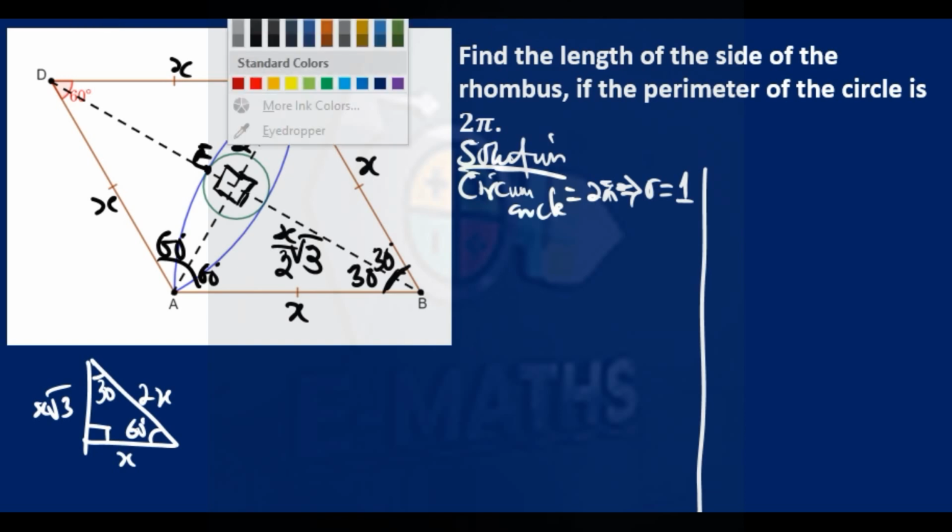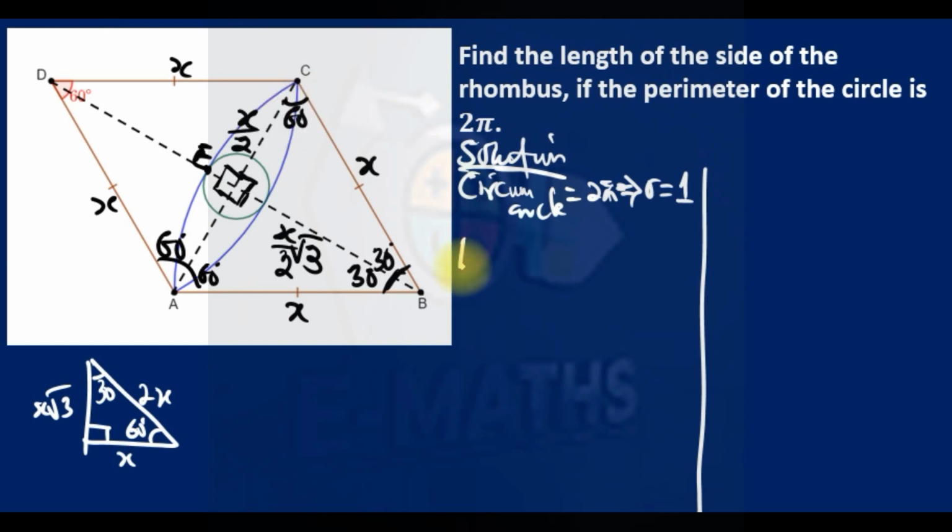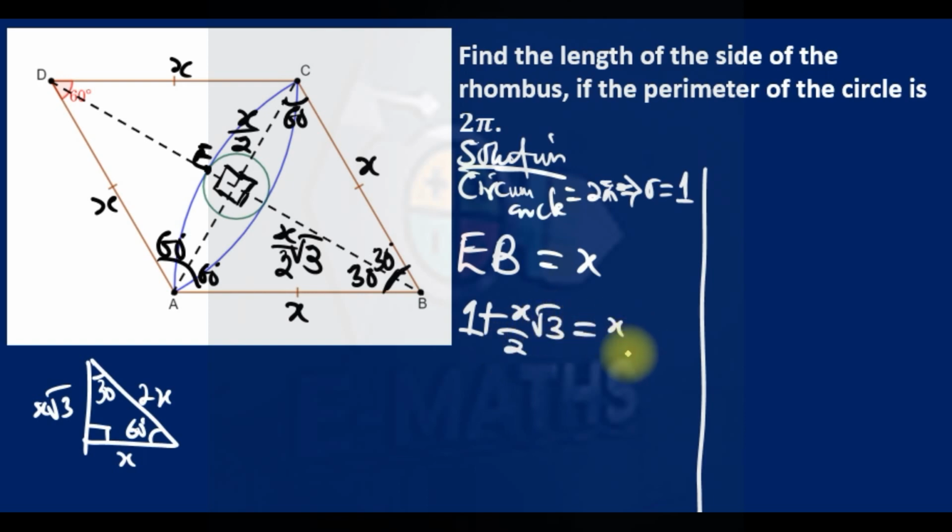So see what I'm saying? I'm saying that EB is x. And we know that EB is from here to here, which is 1. That's the radius of this small circle, plus from here to here, which is our x over 2 root 3, is equal to x.